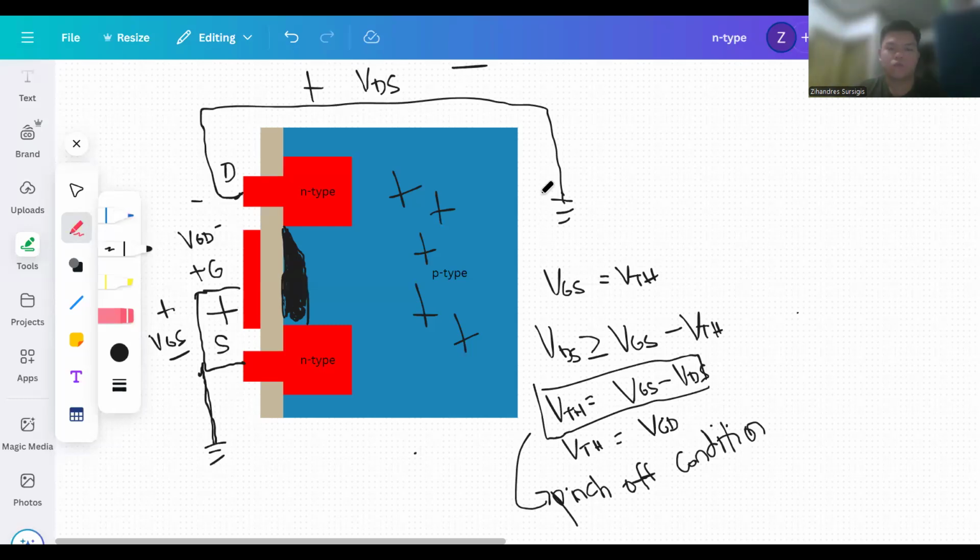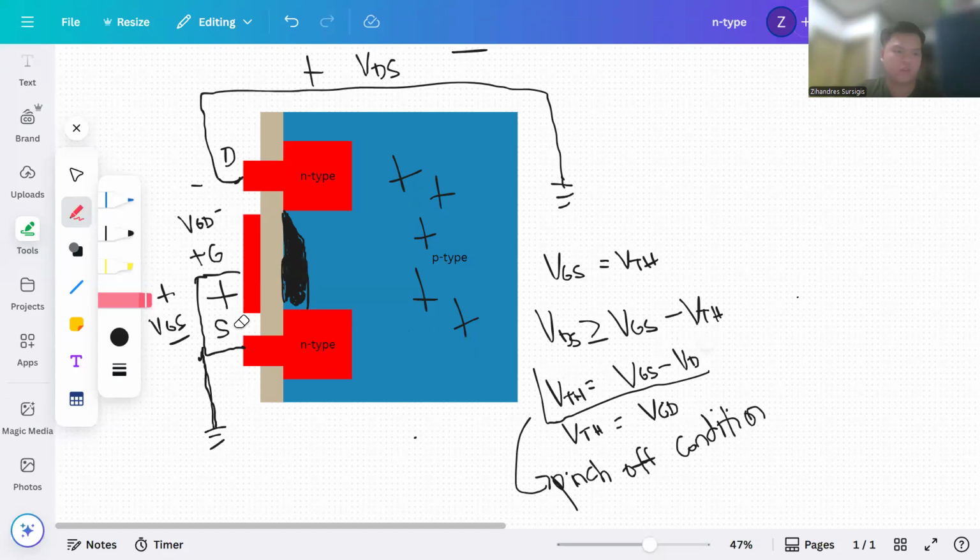Okay. So, why does it get pinched? Because if this VDS term is increasing, say this increases, then your VGS minus VDS gets smaller.